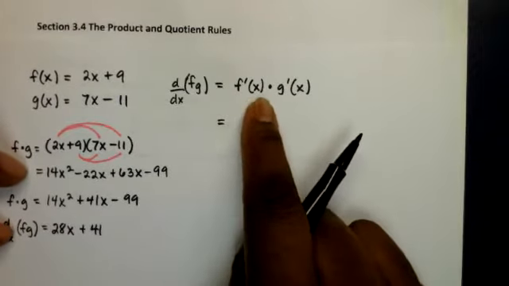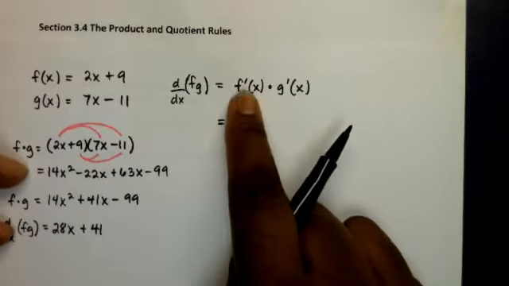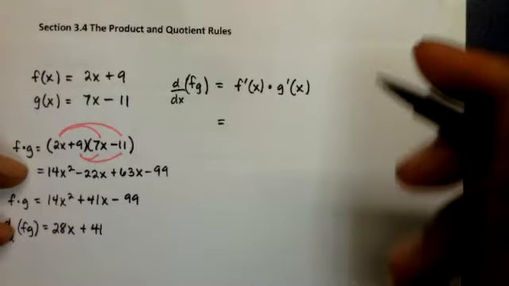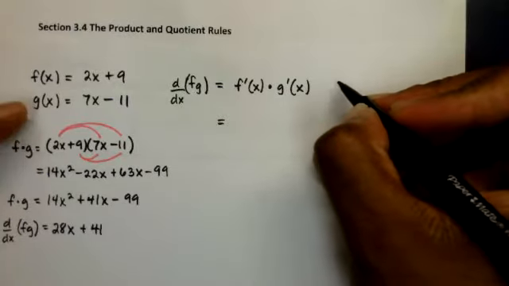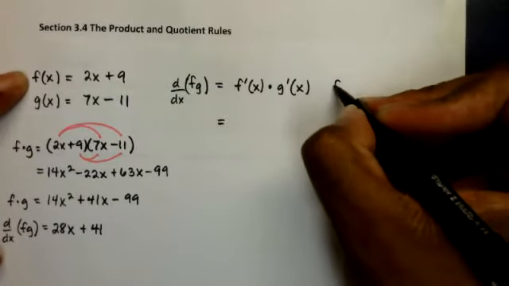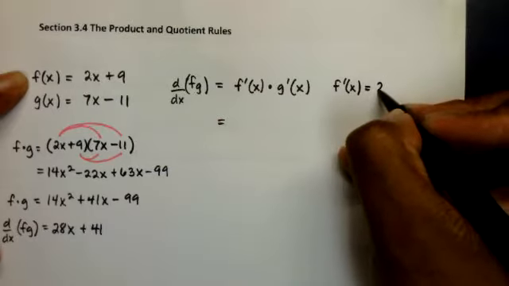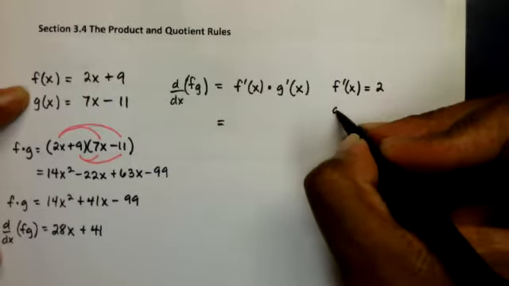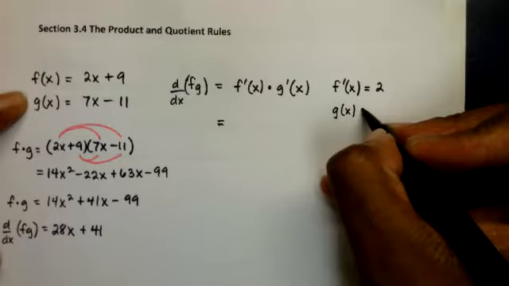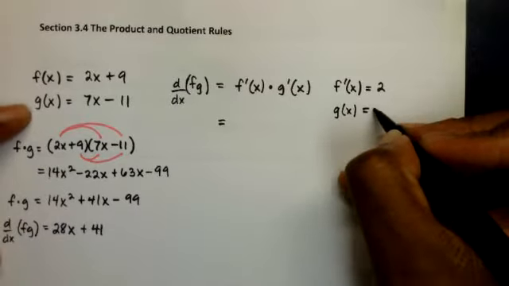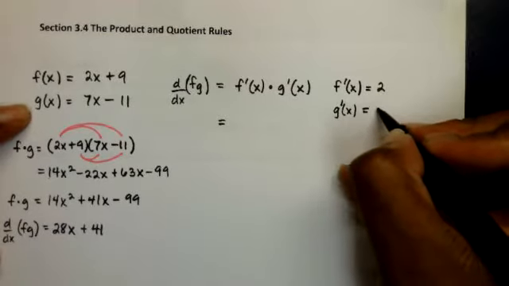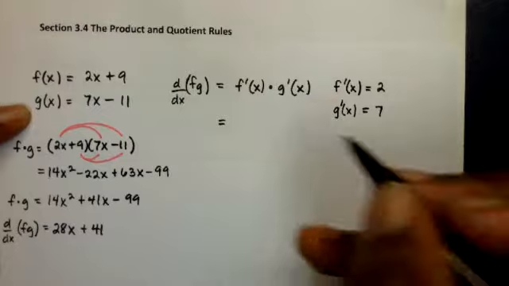Now, let's try this. If I did the product of f prime of x and g prime of x, I need to know what the derivative is of f of x. So if f of x is 2x plus 9, then f prime of x will have to be 2. And if g of x is 7x minus 11, then g prime of x would be 7.